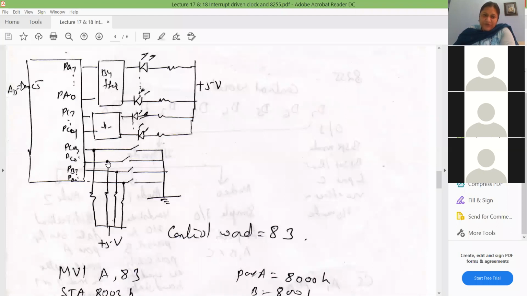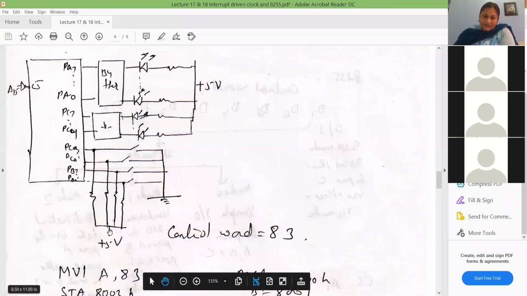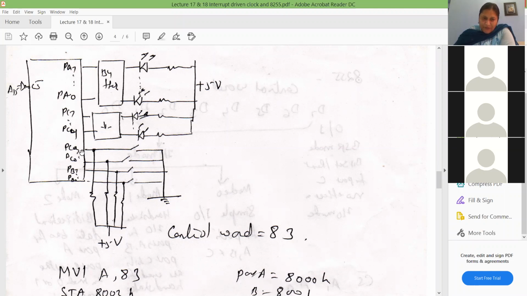Similarly, the switches are pulled up to plus 5 volt with some 10K or 1K resistance, and when the switch is on it is short. Short means what will be available on the port pin? 0, ground, because it is grounded.